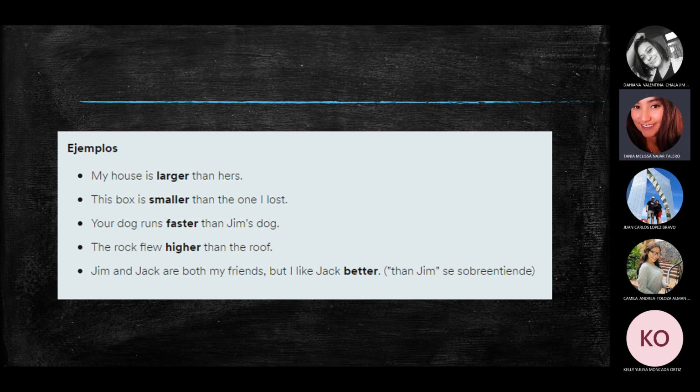It's the same as with verbs, for example regular verbs and irregular verbs.